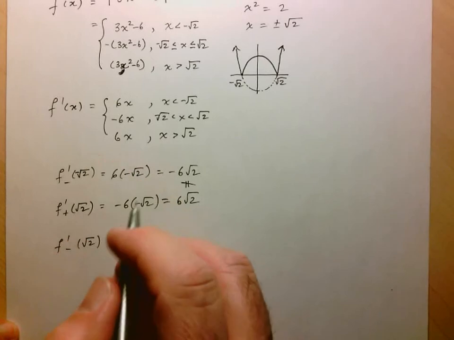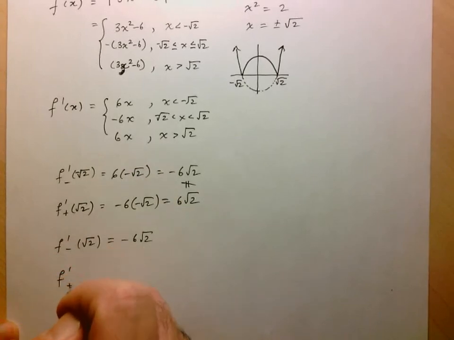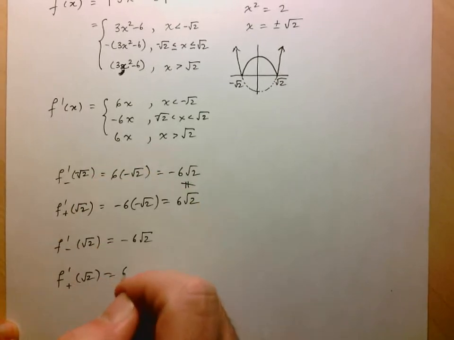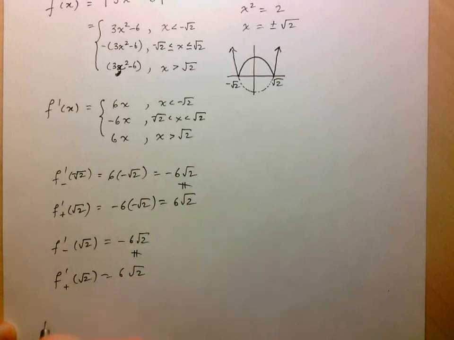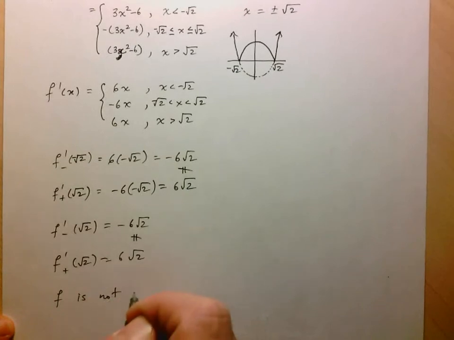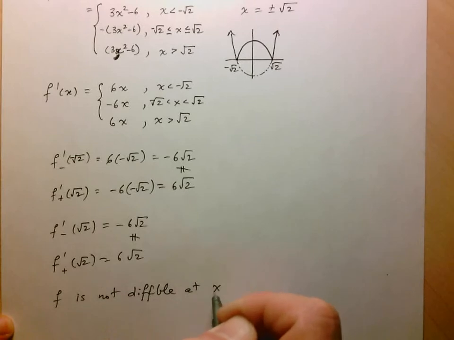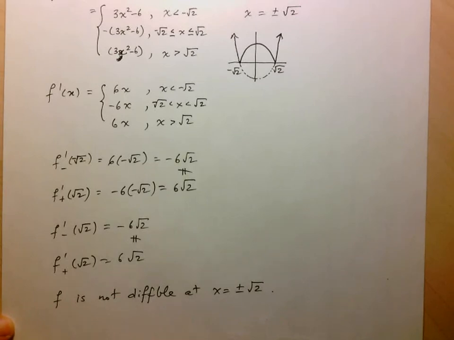Here, we're going to use this function here, so negative 6 root 2, whereas if I approach from the right, I need to use that one there, so 6 times root 2, so again, not equal. So f is not differentiable at x equals plus or minus root 2. But it is differentiable everywhere else.